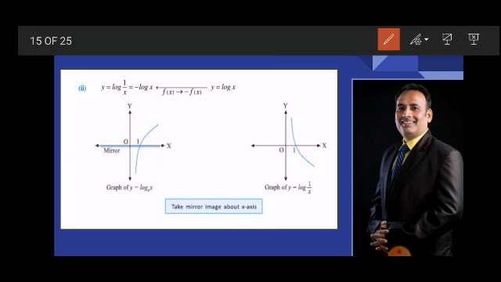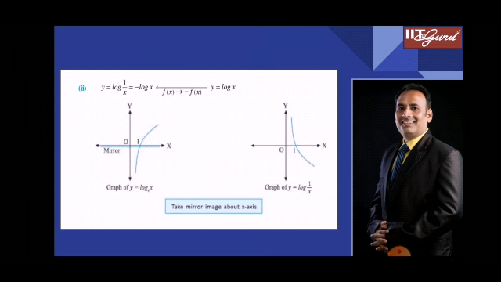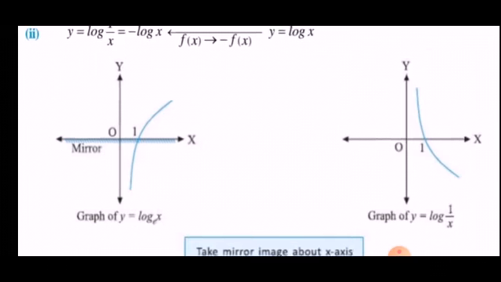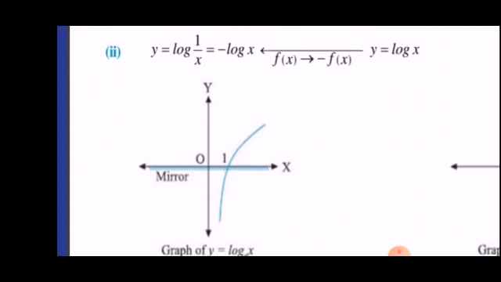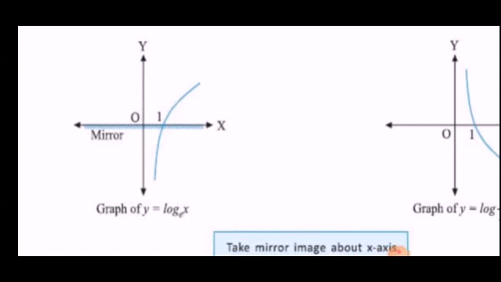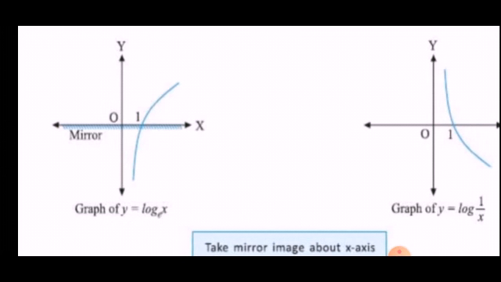Okay, fine. Let's see over here. This is the graph of y equal to ln x. Let's see this portion, y equal to ln x. After taking the mirror image with respect to the x-axis, the negative portion goes into the positive region.